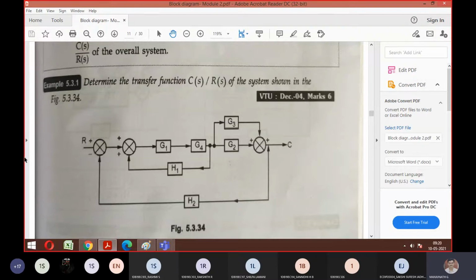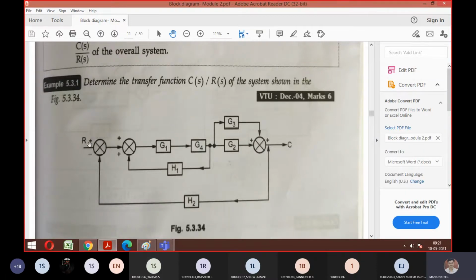So how many forward paths, guys? Look at the problem and tell me how many forward paths you have. How many? 2. Good. You can look at the arrow mark I'm tracing. So G1, G4, G2 and C is 1. Similarly, input, summing point, G1, G4, then G3 followed by output.